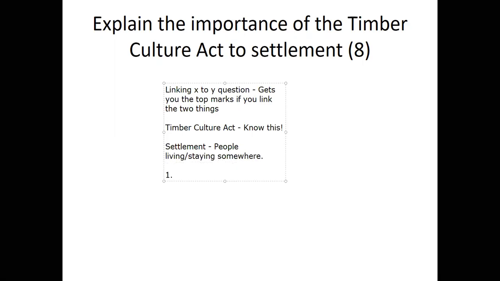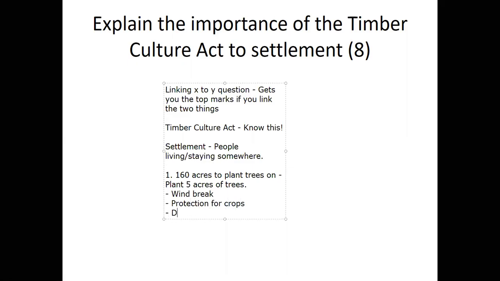So what could you mention? Okay, first thing, the fact that it provided 160 acres to plant trees on. You had to plant 5 acres of trees. Why was that good for settlements? You could talk about the windbreak. You could talk about protection for your crops. You could talk about fuel.